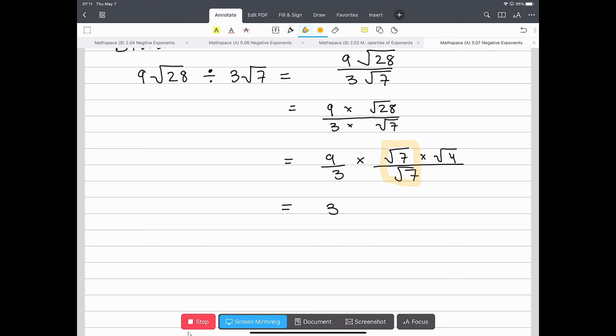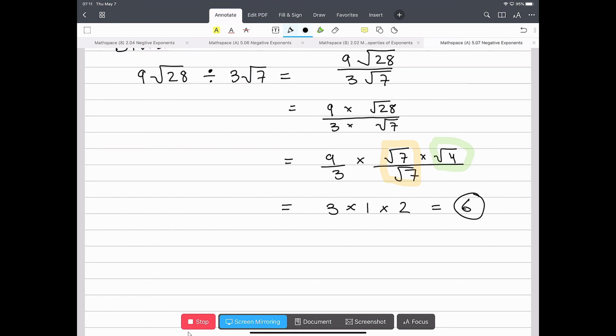So square root of 7 divided by the square root of 7 is 1. And then I'm left with the square root of 4, and that we can simplify to 2. So the answer to this problem is 6.